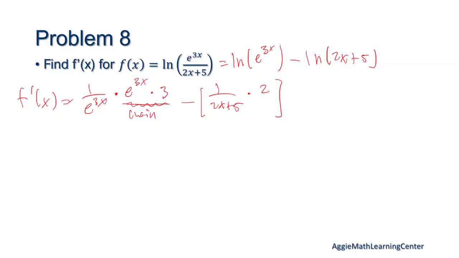Okay, which simplifies, we don't need to plug in a point, which simplifies to, the e to the 3x's just cancel, right? This would be 3 minus 2 over 2x plus 5. Yep, and you can simplify this more, and you'll end up getting like, I think it's 6x plus 13. But I feel like that's also an acceptable answer.